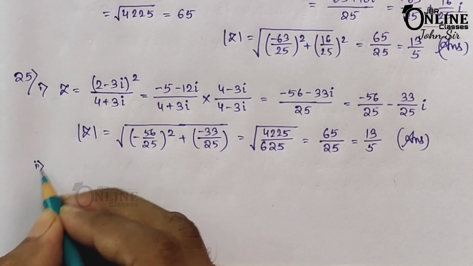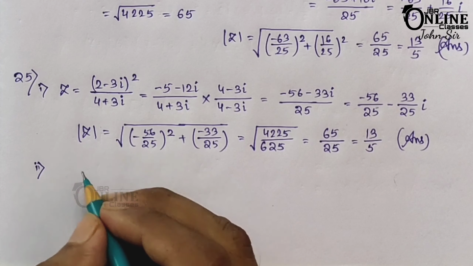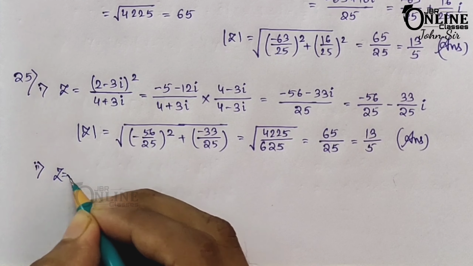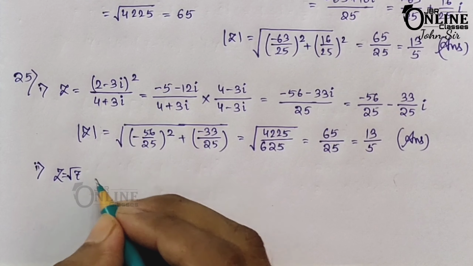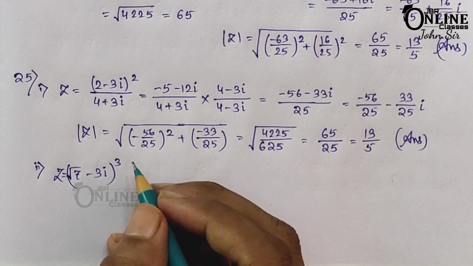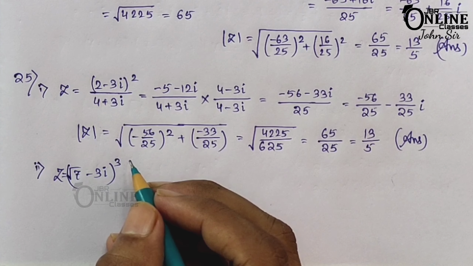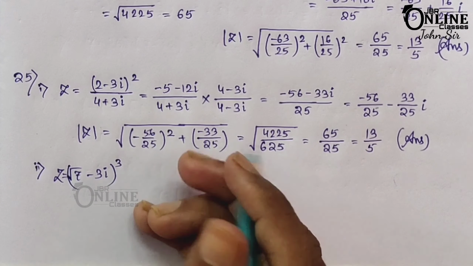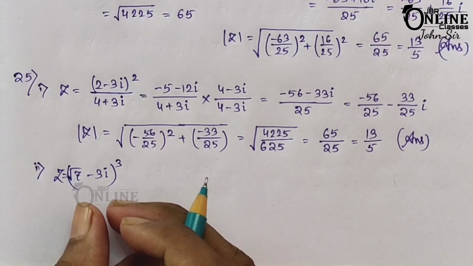Now next one, sum number 25(2). So here z equals (root 7 minus 3i) whole cube. Okay, so root 7 minus 3i whole cube you have. So here you can easily apply the formula (a minus b) whole cube.